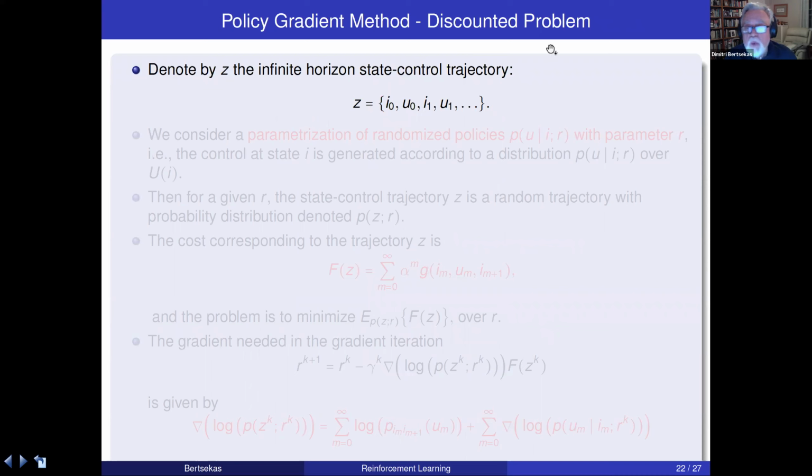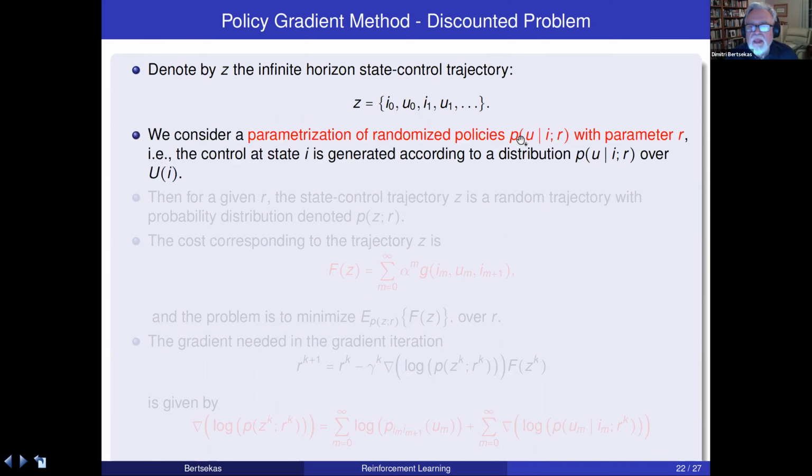Let me show once more the implementation of the method for the discounted dynamic programming problem. So here Z, the variable of optimization, is the trajectory, and we generate trajectories. With this trajectory, we update the parameter Rk, the parameterization of the randomized policies.